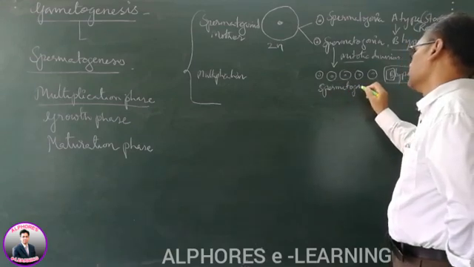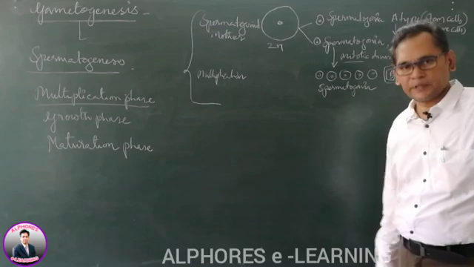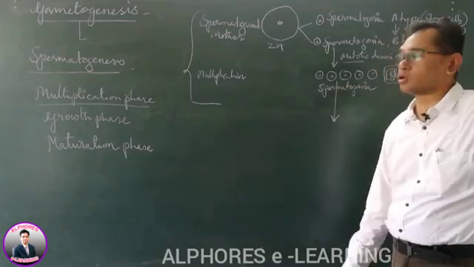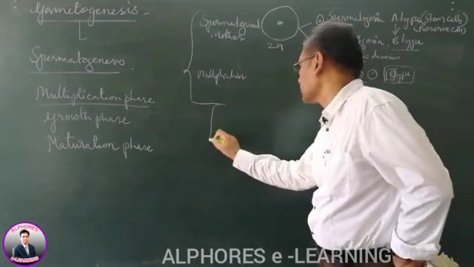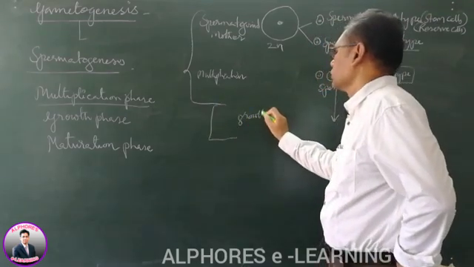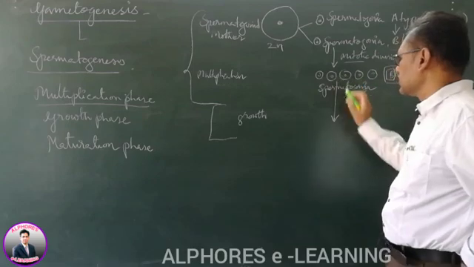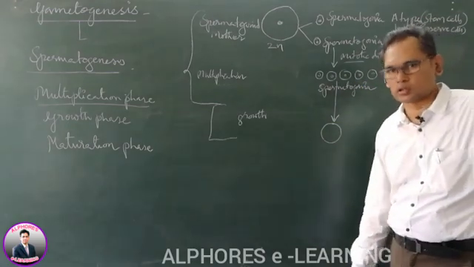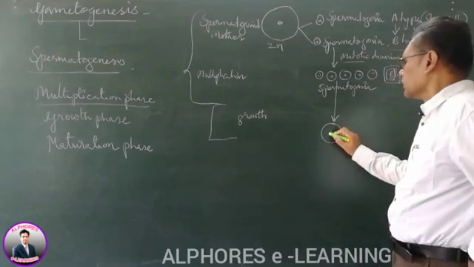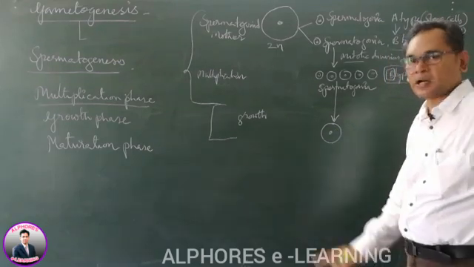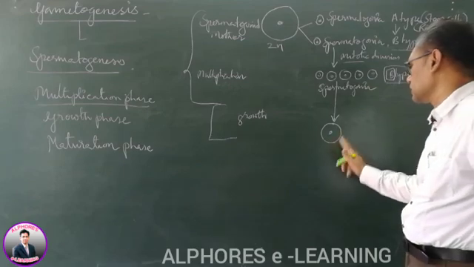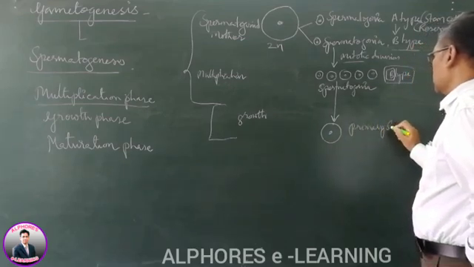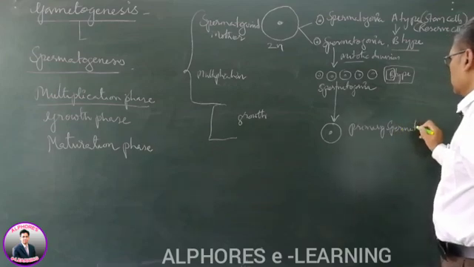These spermatogonia then undergo growth, another phase, which means these cells become larger. They undergo growth, and these are called primary spermatocytes.